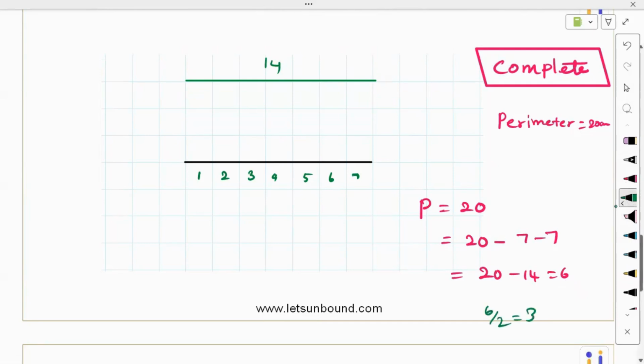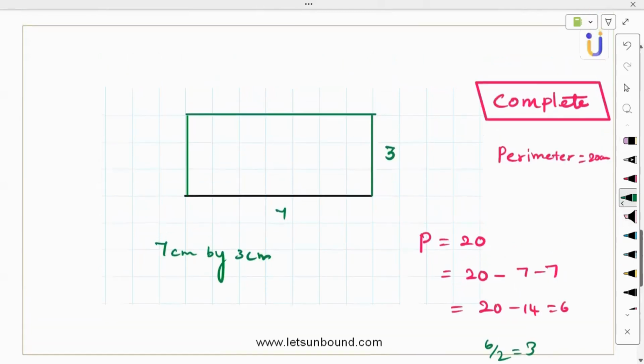So you have to raise it by 3 units. 1, 2, 3. And then again a 7 and 1, 2, 3. So this is 7. This is 3. So together we got a rectangle which is 7 centimeter by 3 centimeter. This is the only thing which can give us the perimeter 20 centimeter here.